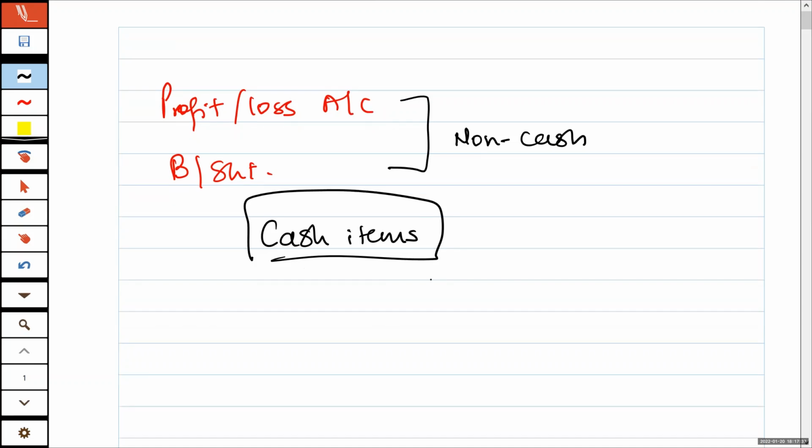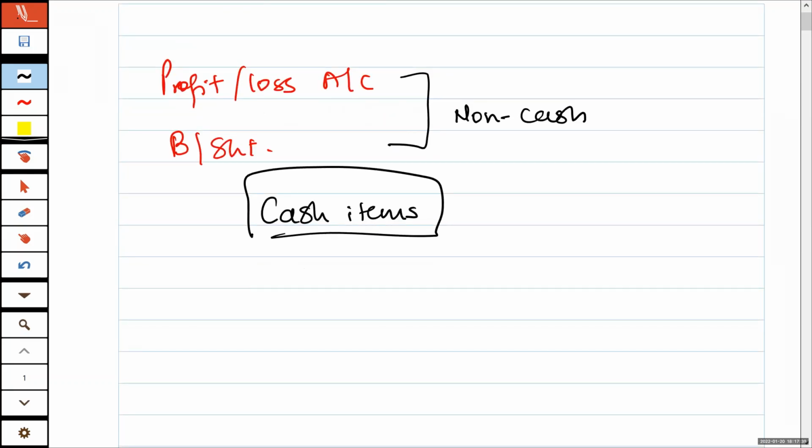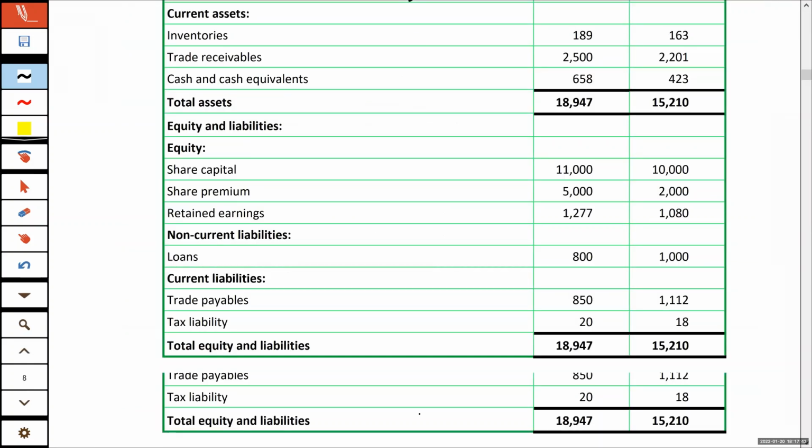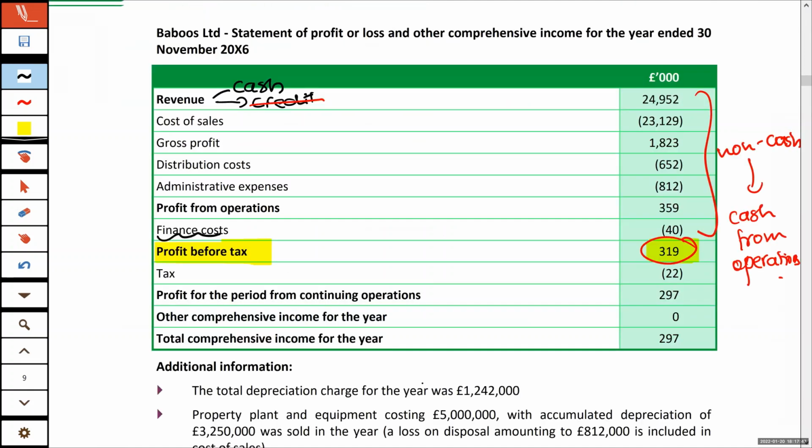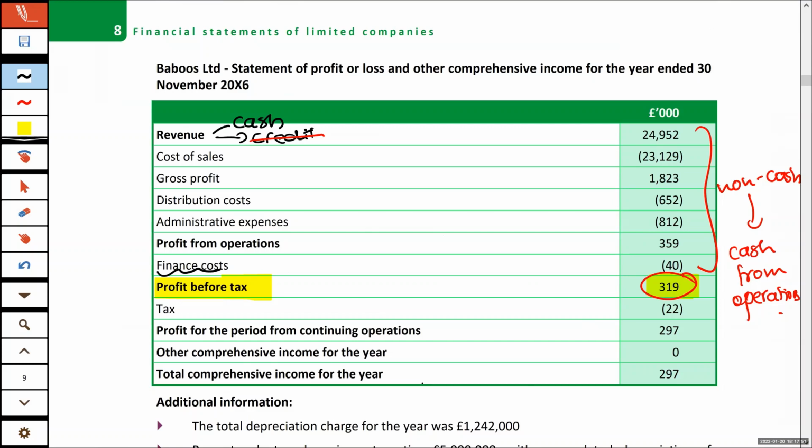It is first looking at our profit and loss account. And in our profit and loss account, we said we're going to remove any non-cash items. One of the obvious ones we said was finance cost. But we said there would be some in distribution and administrative. We've not been told, we will be told that later on.